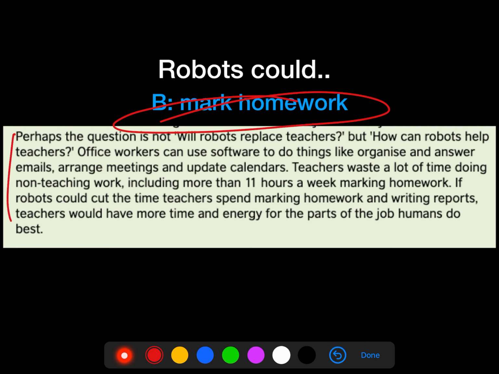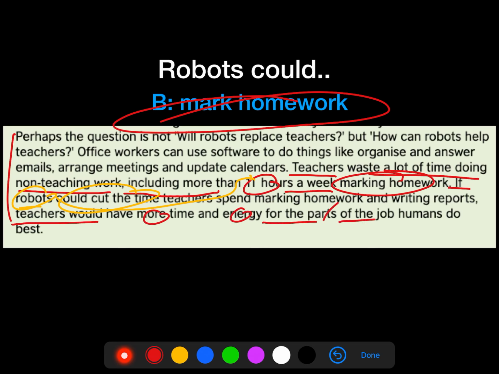So we can find the answer from this paragraph. Shall we read? "Teachers waste a lot of time doing non-teaching work, including more than 11 hours a week marking homework. If robots help teachers, it means cutting the time teachers spend marking homework and writing reports. Teachers would have more time and energy for the parts of the job that humans do best." So robots can help.